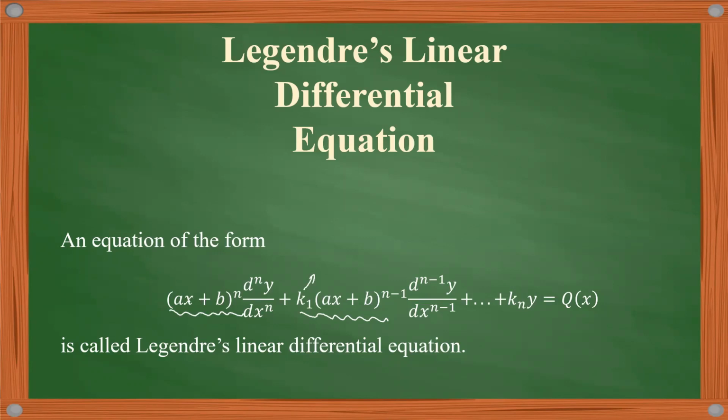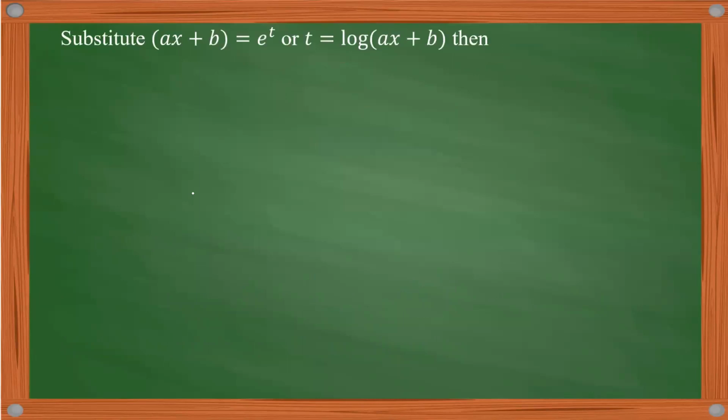But in the Cauchy-Euler equation, we are just having this x to the power n type of variable, but in Legendre's case, we will have this kind of linear variable like ax plus b, again (ax plus b) raised to n minus 1, and so on. Now we will see how to solve this type of equation, and the method is quite similar.